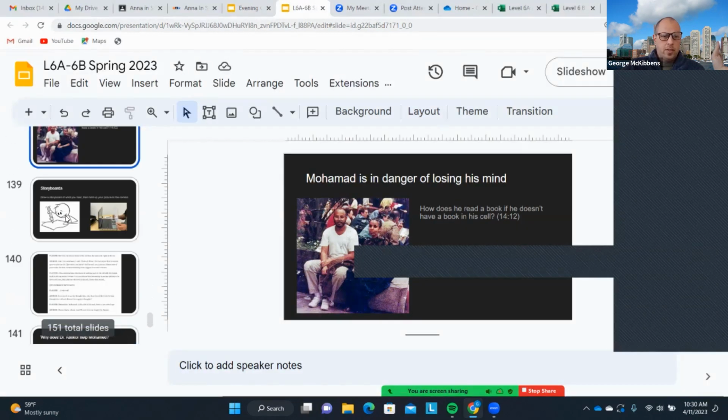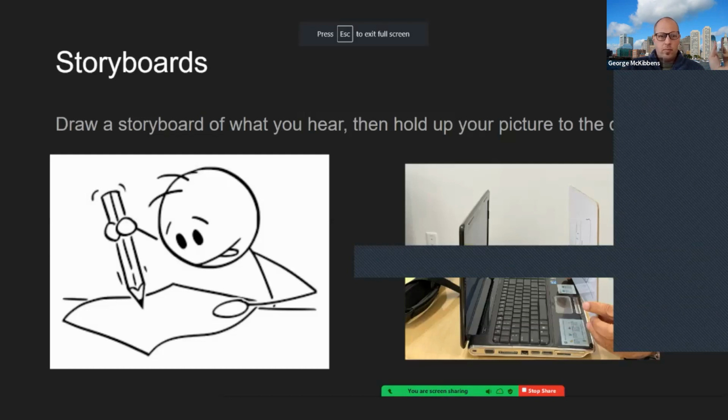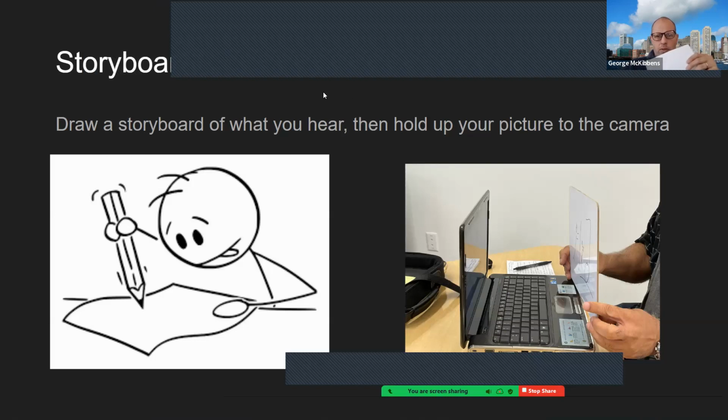I'm going to give everybody 5 minutes and I'm going to play one scene from the story. So you're going to draw what's happening to answer the question: how in the world does he read a book without the book? So draw a storyboard of what you hear, then hold up your picture to the camera.